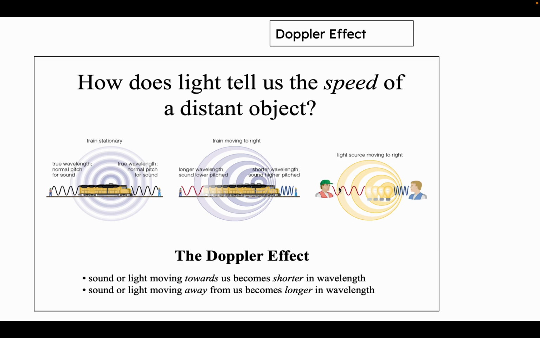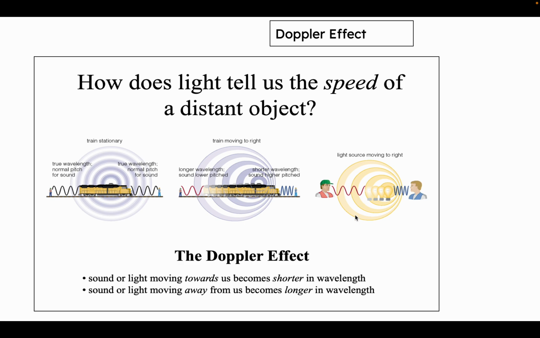But when the object is receding from you, you are not receiving the photons as frequently. So when an object moves toward you, the frequency increases, meaning the wavelength decreases. When the object is receding, you detect the signal less frequently, so the wavelength increases, and you see a redshift.